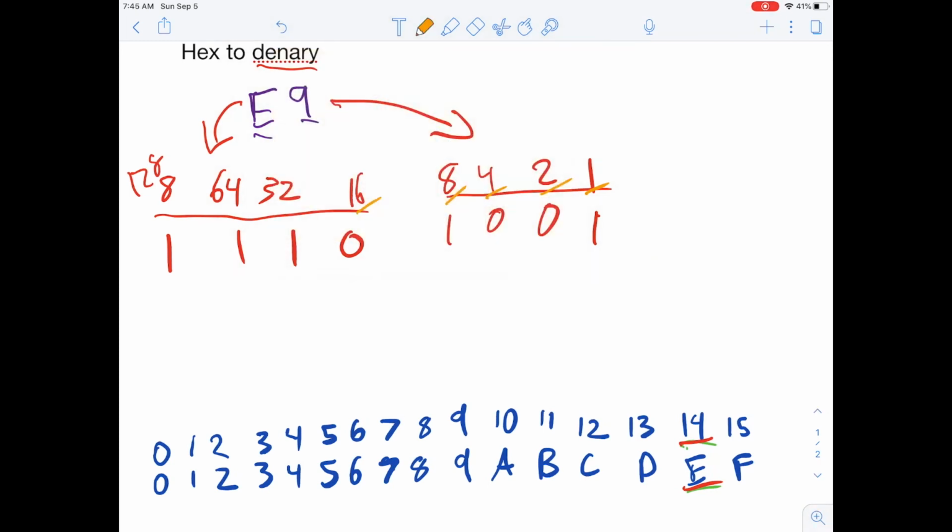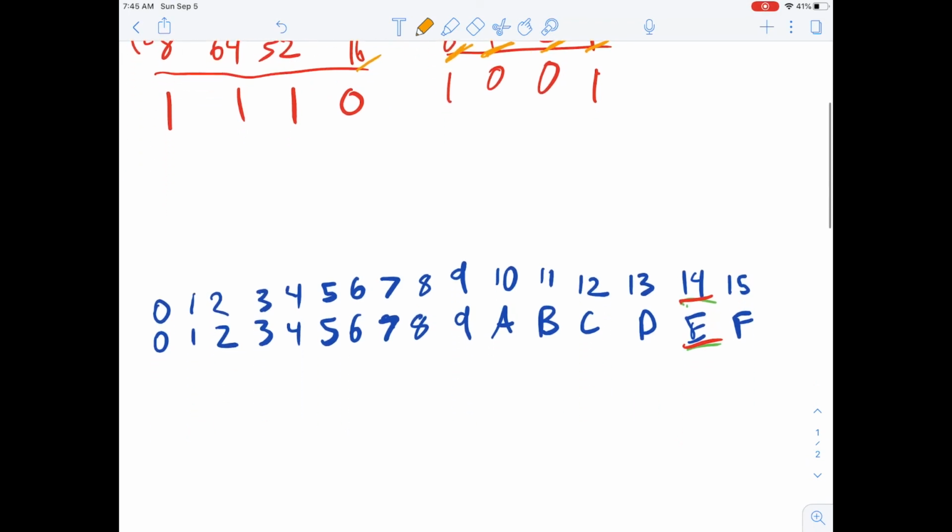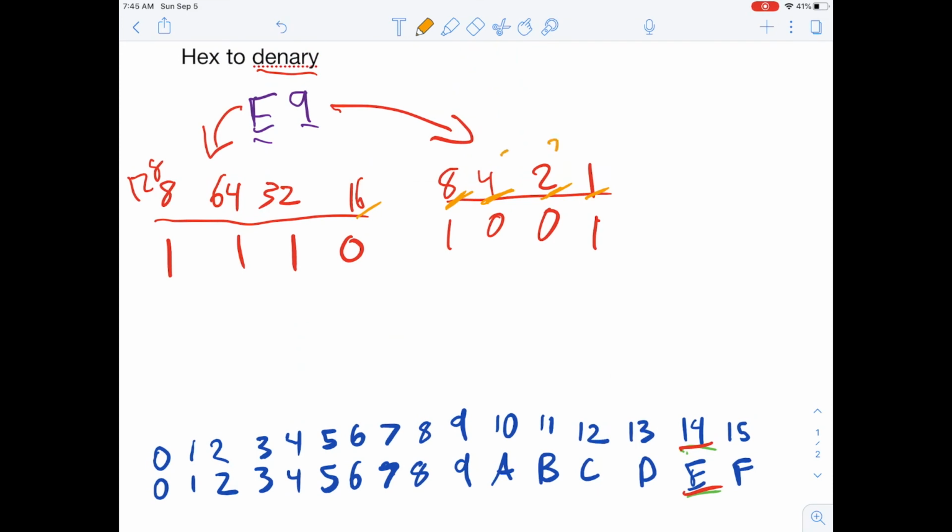So again, we're just going up in binary place values. This is 2 to the first, 2 to the second, 2 to the third power. Then we're going 2 to the fourth power, 2 to the fifth power, 2 to the sixth power, and 2 to the seventh power. 2 to the sixth power is going to be 128. So I just added a 1, 2 in front of the 8.